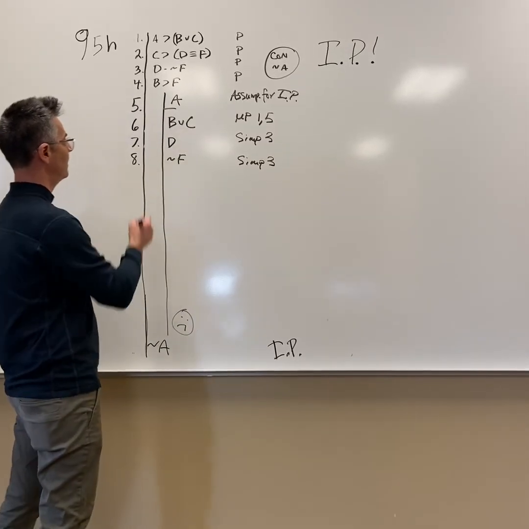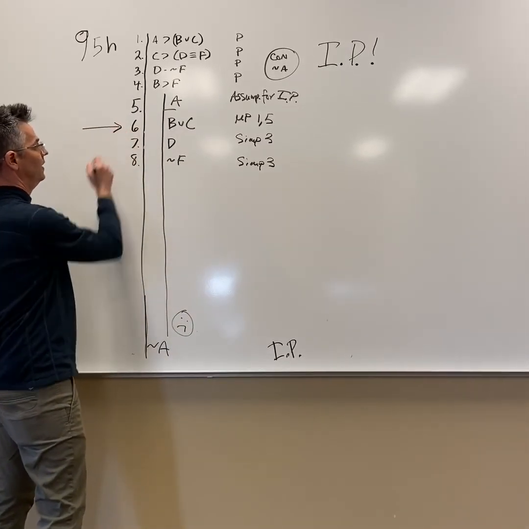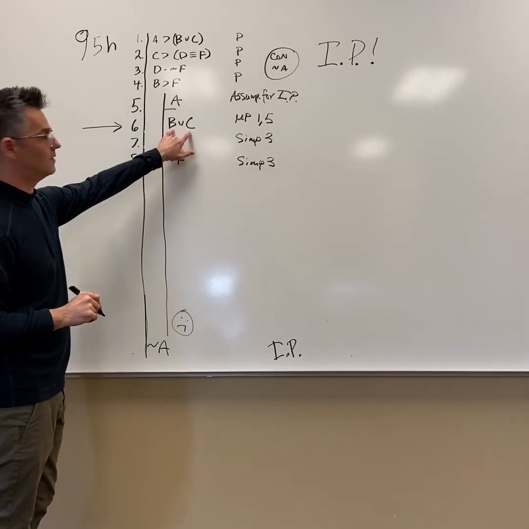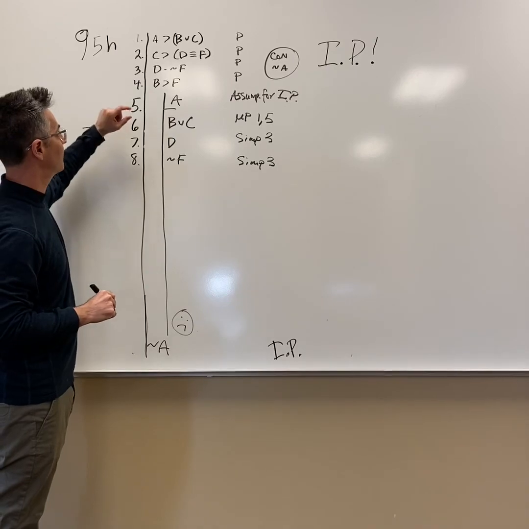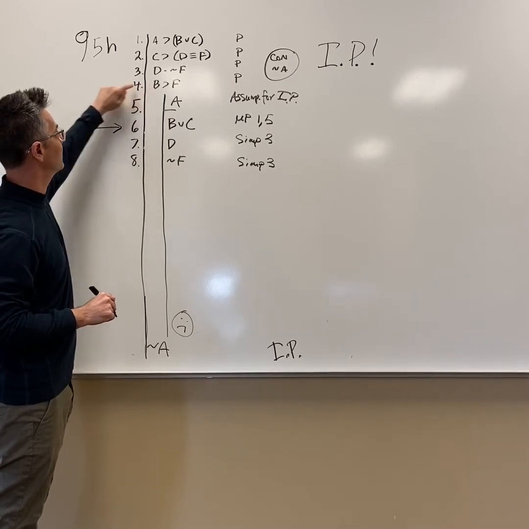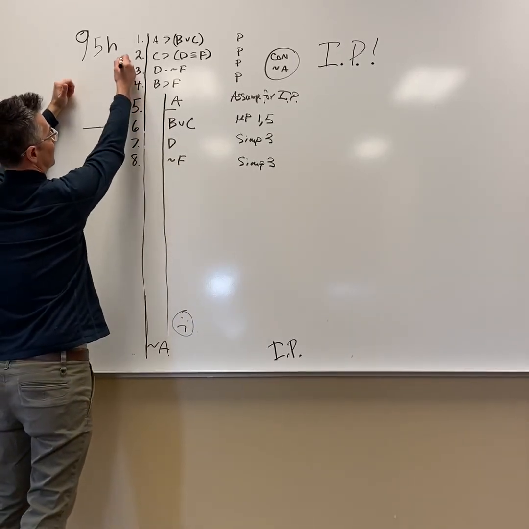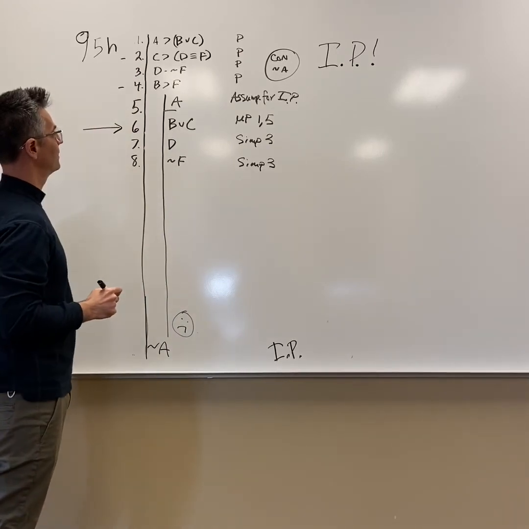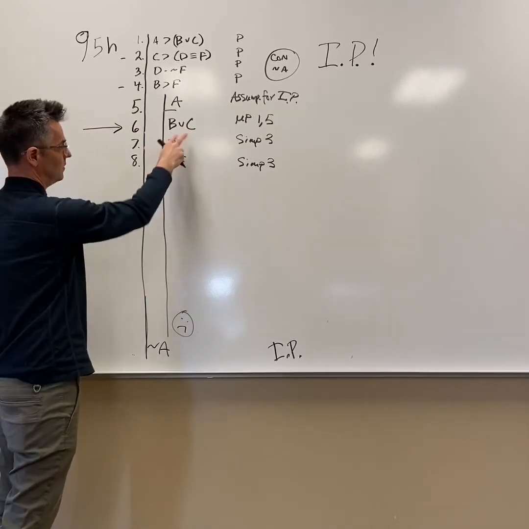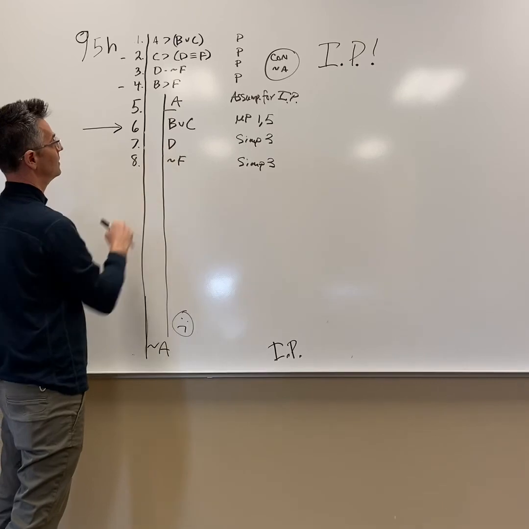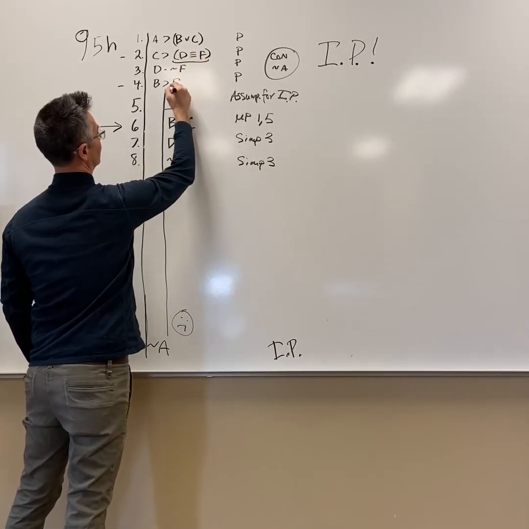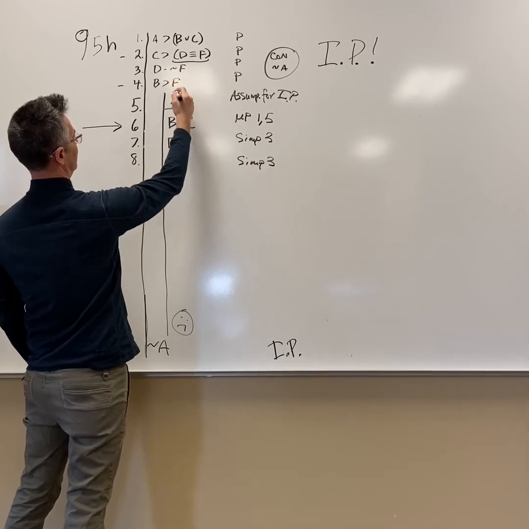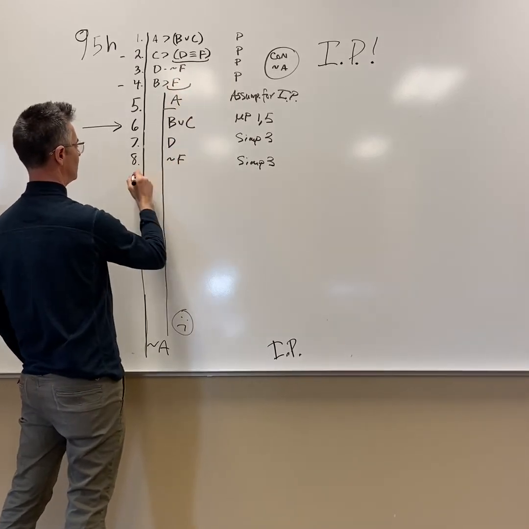Notice that right here you've got the disjunction that's part of dilemma, and you've got the fronts of the two conditionals here at 4 and here at 2. That means if you've got B or C, which you do inside the subproof, then you should be entitled to write down these two pieces. So let's do that next.